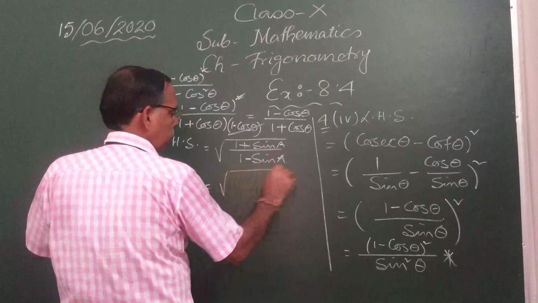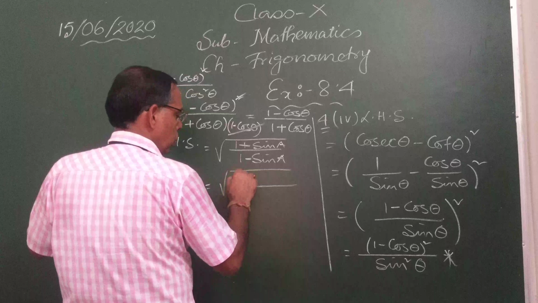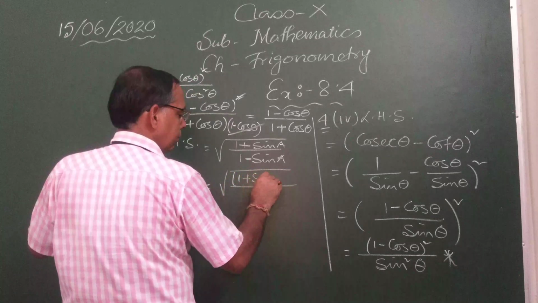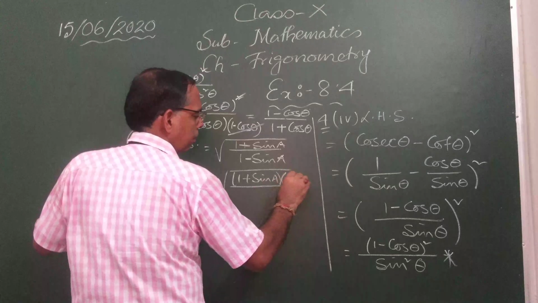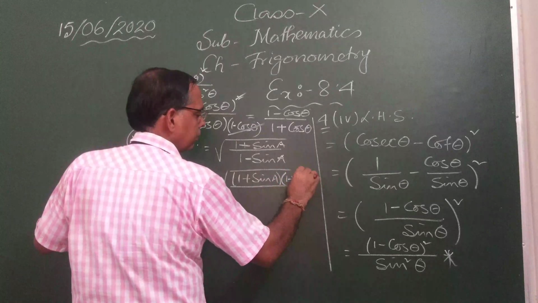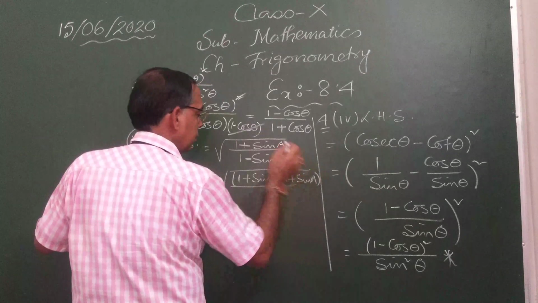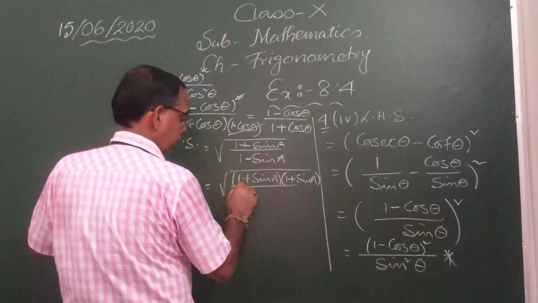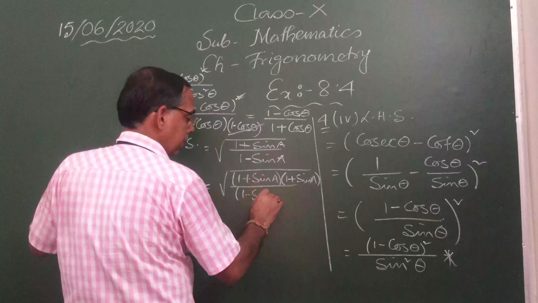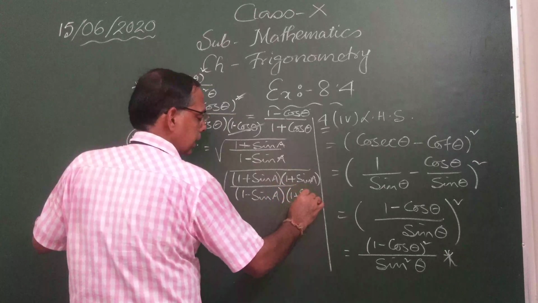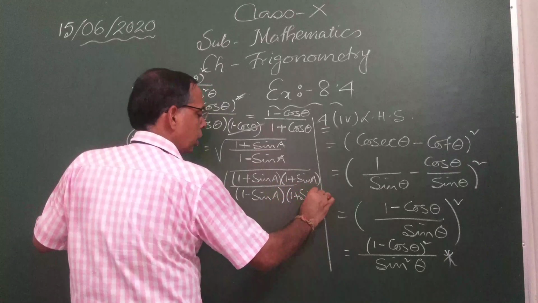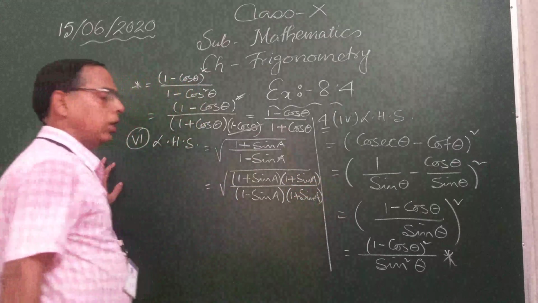Then you do the rationalization: multiply by 1 plus sine A in the numerator and 1 plus sine A in the denominator, the denominator being 1 minus sine A times 1 plus sine A. Now I told you, you have to keep in mind what you are going to get.